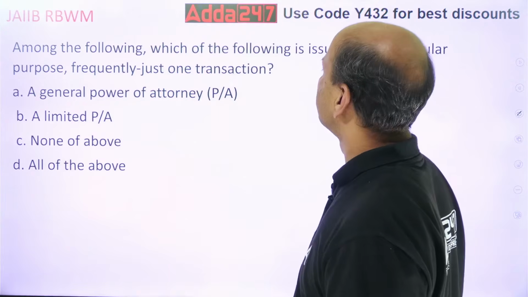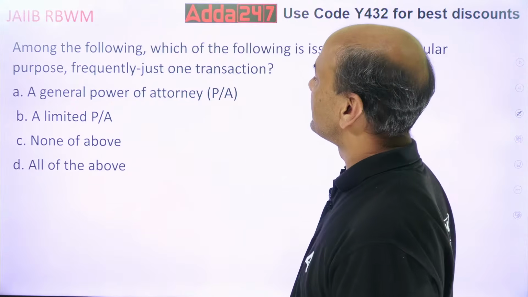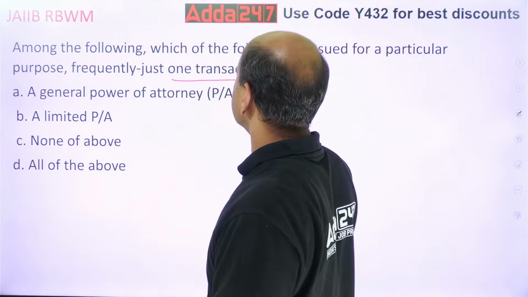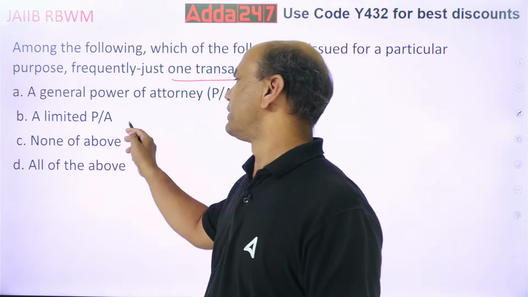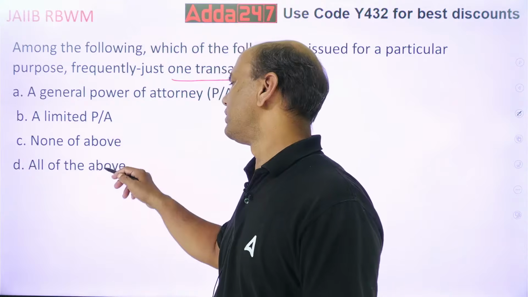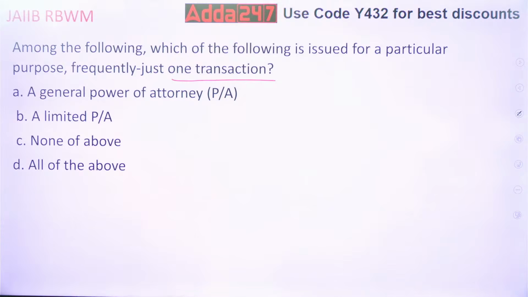Which of the following is issued for a particular purpose, just one transaction? A general power of attorney, a limited POA, none of the above, all of the above. Which of them is issued only for one transaction?